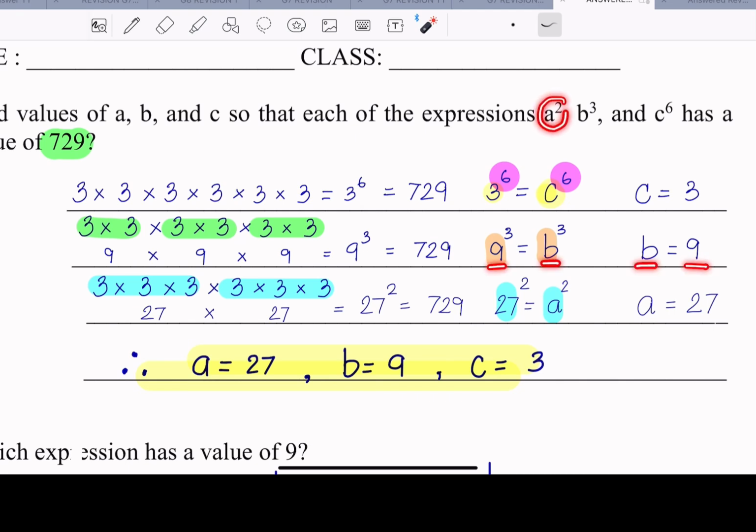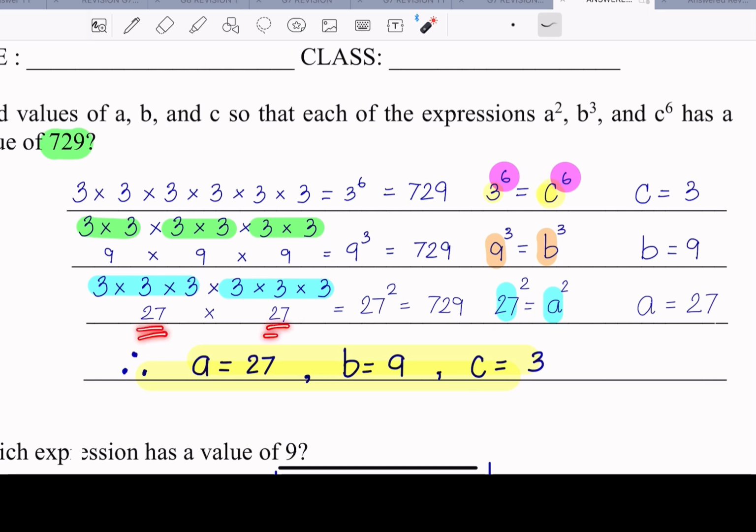Same with a to the power of 2. We are going to group them into 2. So there are 3 numbers in each group. So we have 3 times 3 times 3, group 1, group 2. 3 times 3 times 3 is 27.